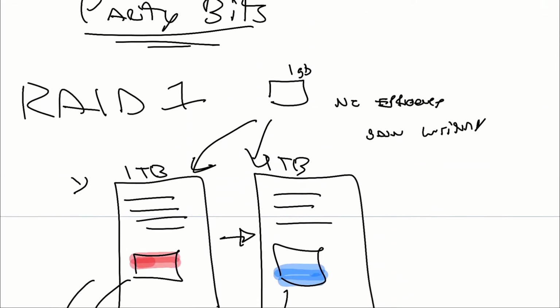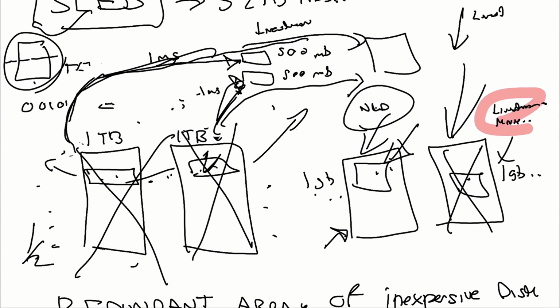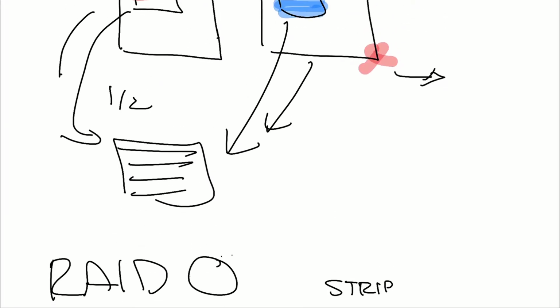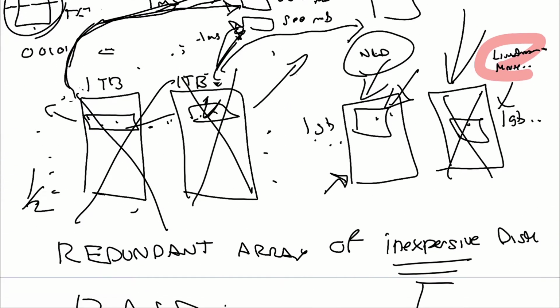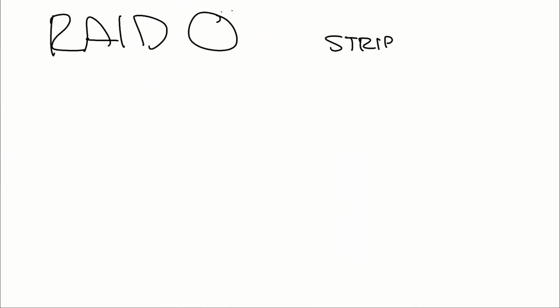So like when we did the splitting of the data here into 2 pieces, the 1 gigabyte file that we split into 500 megabytes, you can think of that as a strip, because we basically store 1 strip of the file in here. So you can think of it as strip 1, and then you have strip 2. Okay, so that concept of striping is going to come in very, very useful for the rest of these.